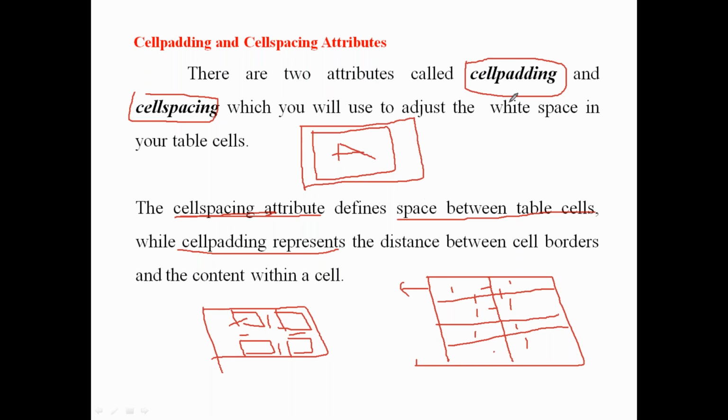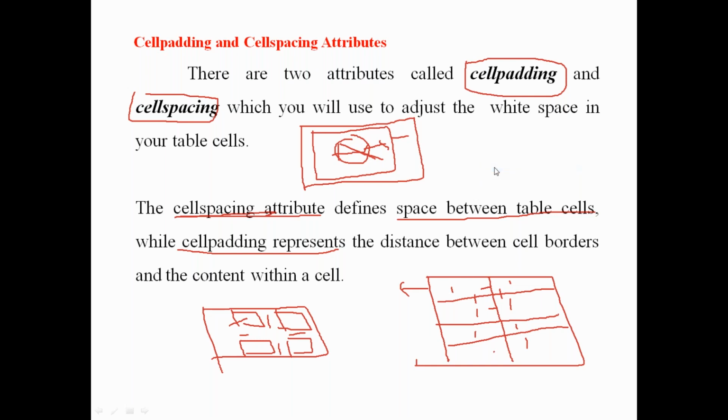If you want to add space between the content and the border of the cell, this is the border of the cell, this is the content of the cell. If you want to add extra space between the border of the cell and the content, that is called cell padding.